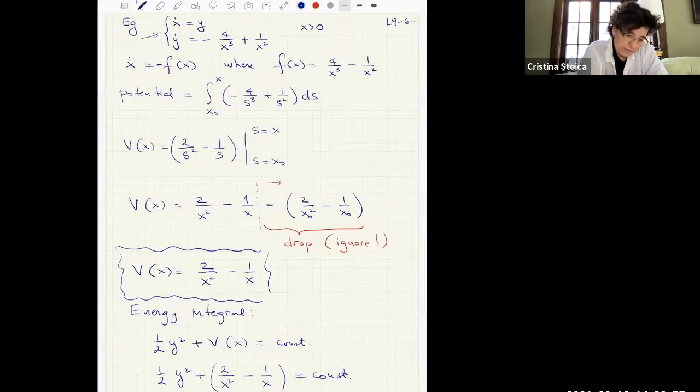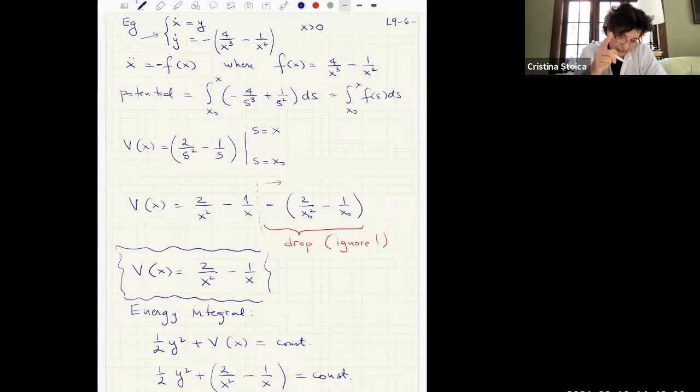So I define f of x to be this, which is true. But then when I do the integral, I do it backwards. I'm supposed to do the integral from x naught to x of f of s ds. And there's a problem with the sign, because f is with plus and this is with minus.